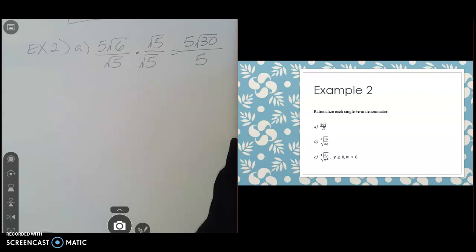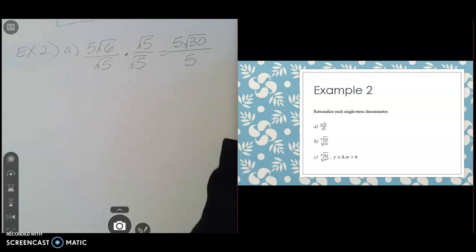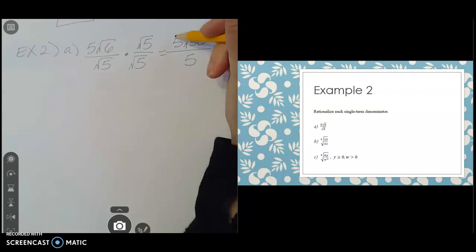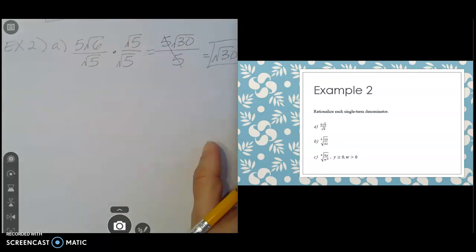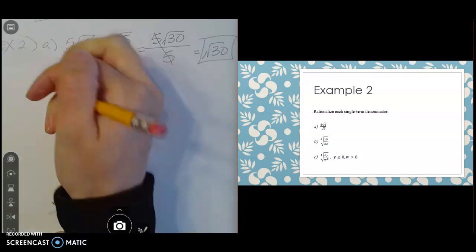Then we have a little more simplifying we can do, because there's a 5 in the numerator divided by that 5 in the denominator. Those divide out nicely: 5 divided by 5 is 1. So you're just going to have the square root of 30, and that would be our simplified answer for that first one.